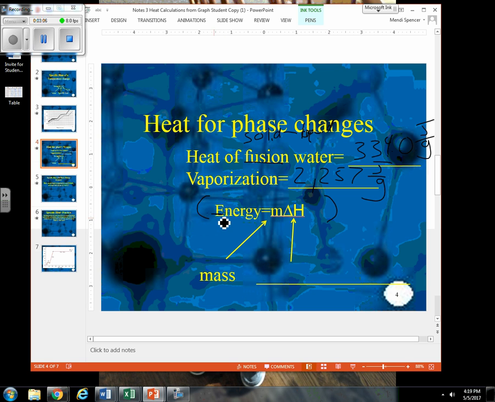It's energy equals mass multiplied by delta H, and delta H will either be your heat of fusion or the heat of vaporization, depending on if you're going from a solid to a liquid or from a liquid to a gas.